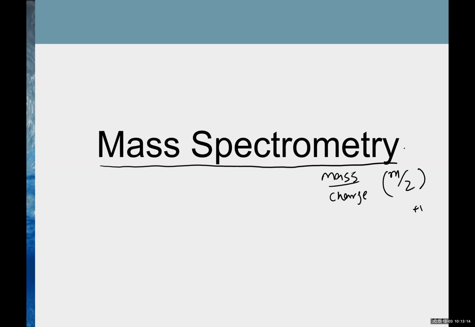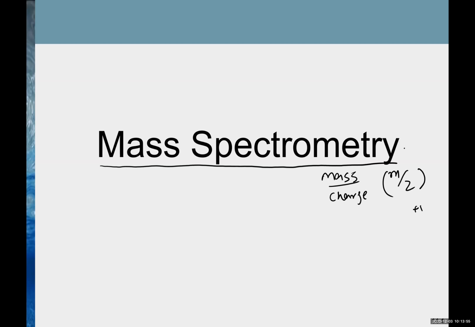Modern mass spectrometers are quite accurate, and there are mass spectrometers that can distinguish the molecular mass up to the fourth decimal place. Okay, so they are so accurate. And not only can we obtain information about the mass of any substance, from modern instruments we can also obtain information about the structure of the chemical.